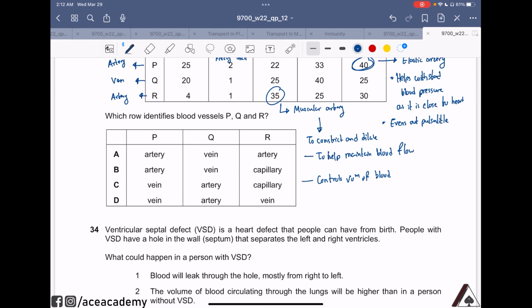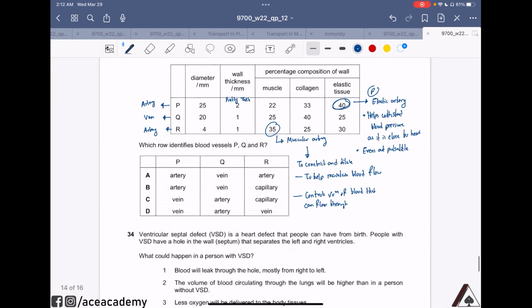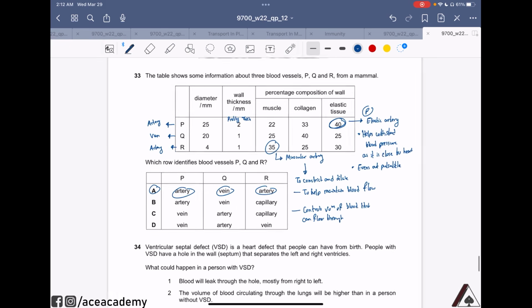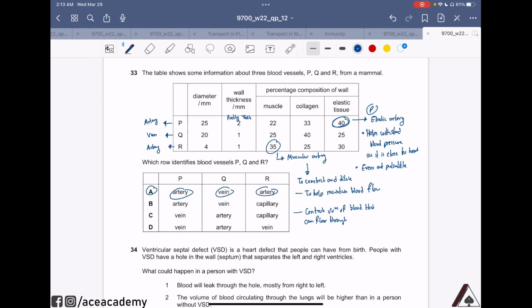We call this vasoconstriction and vasodilation from O levels. So, P is an artery, Q is a vein, and R is an artery. So, for 33, A is the correct option.